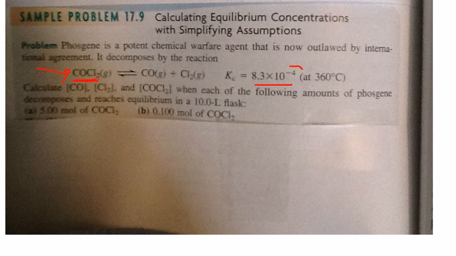So when we do this, because we're figuring out equilibrium concentrations, we need to do a RICE table. For our reaction, COCl2, CO, and Cl2. Our initial concentration is 5.00 moles of the phosgene, but it's in a 10-liter flask, so our initial concentration is actually 0.500 molar.